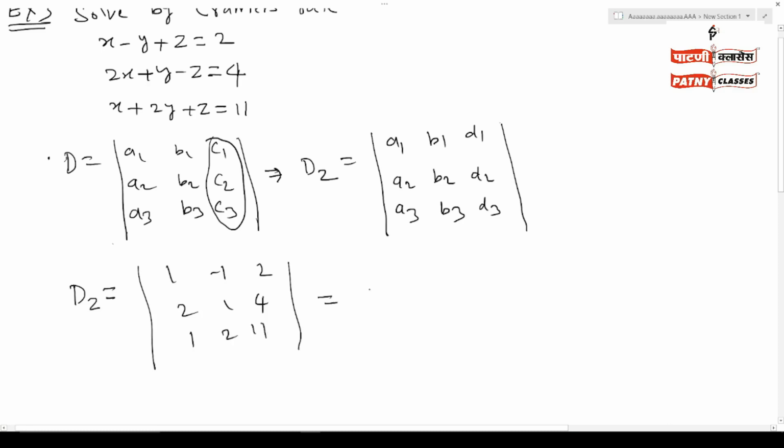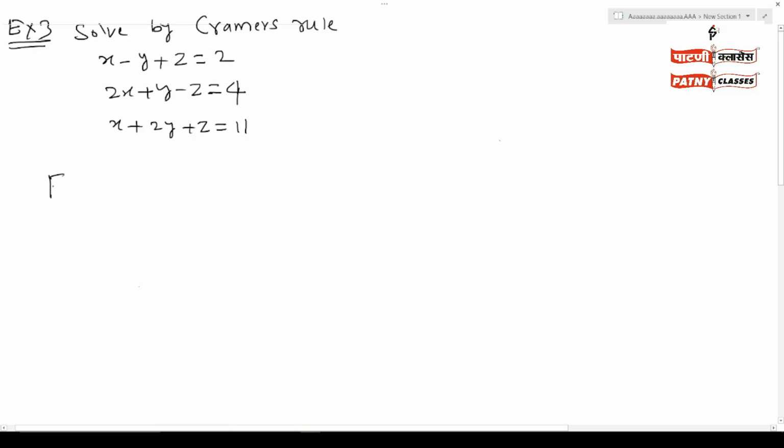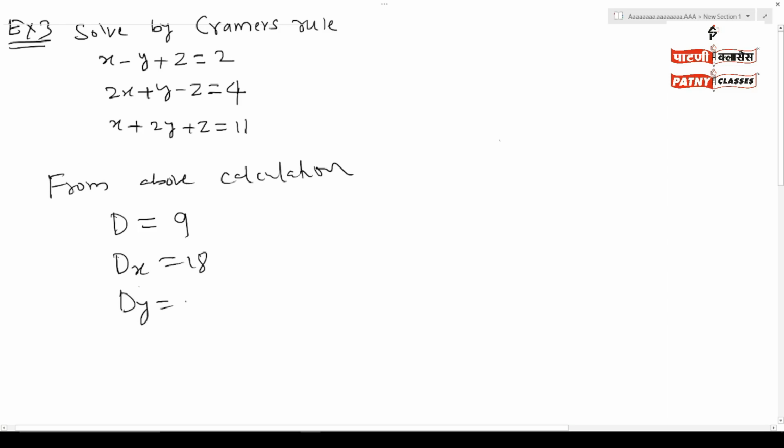The determinant of this equals 27. From the above calculations, we have d equals 9, dx equals 18, dy equals 27 and dz equals 27.